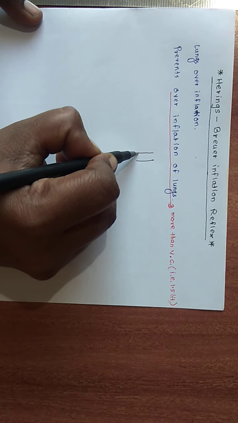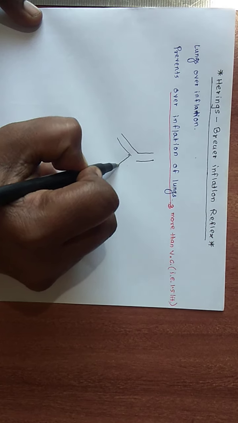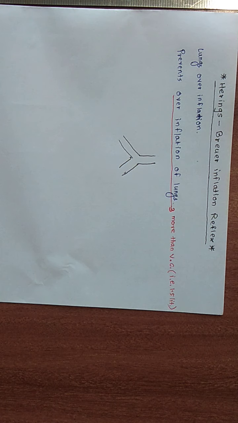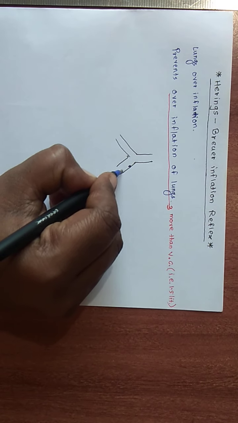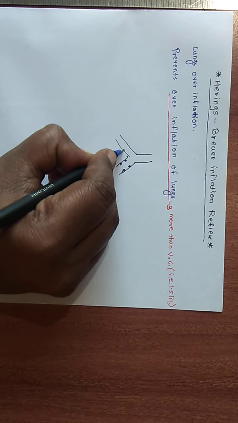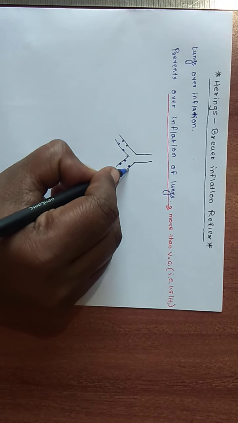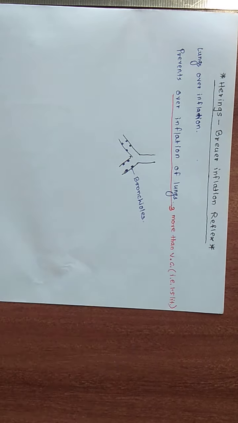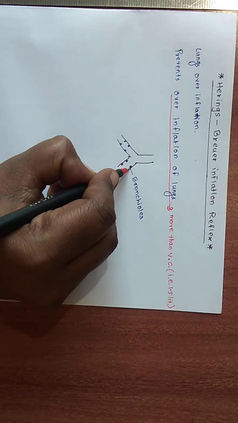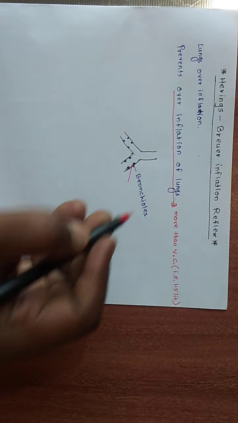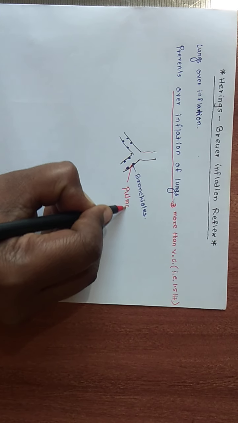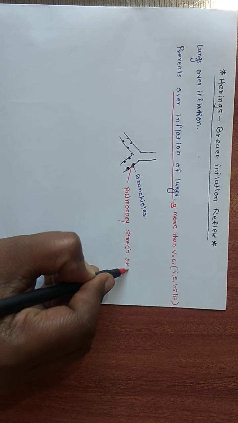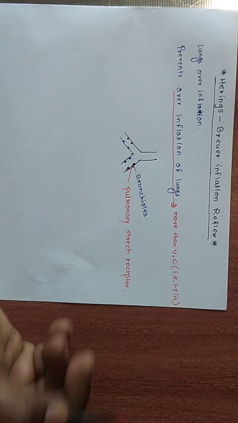For example, this is a bronchus and these are the bronchioles. Okay, these bronchioles have pulmonary stretch receptors, which I have shown here.